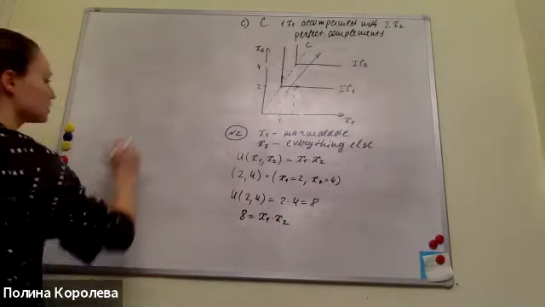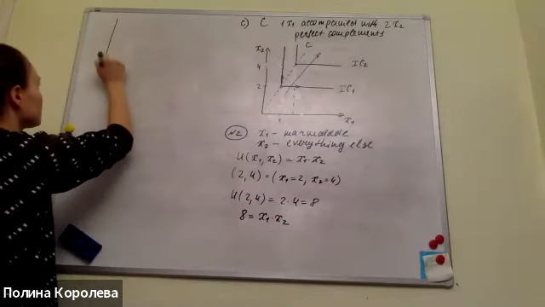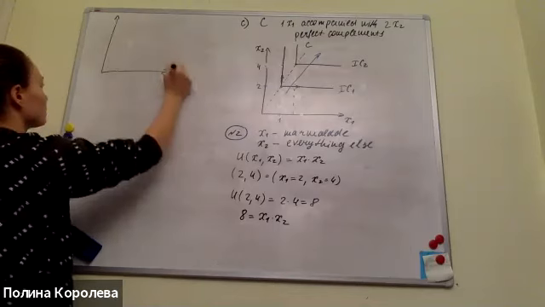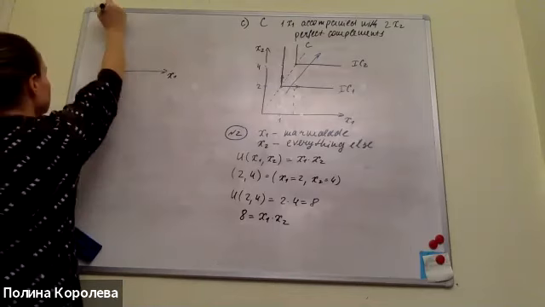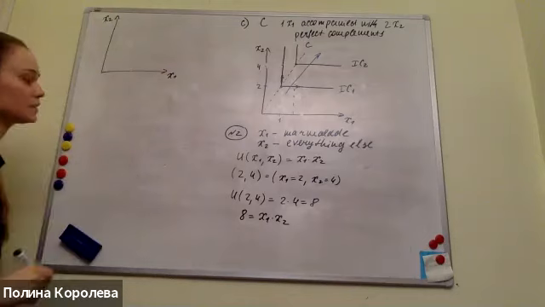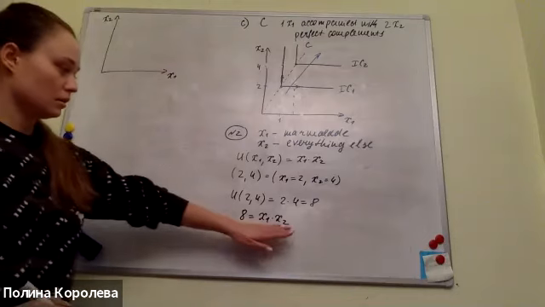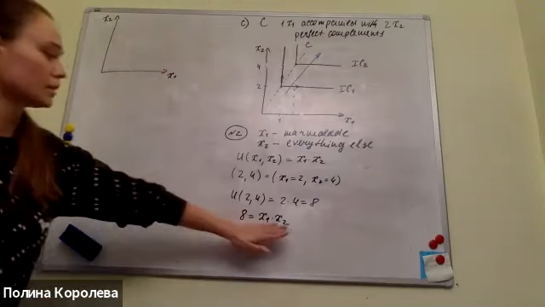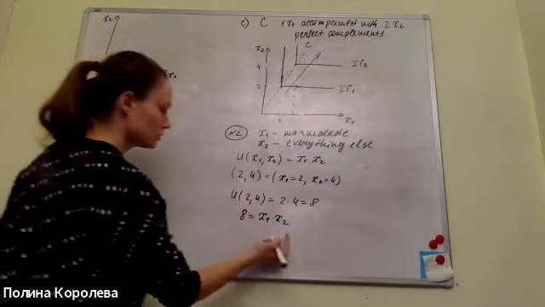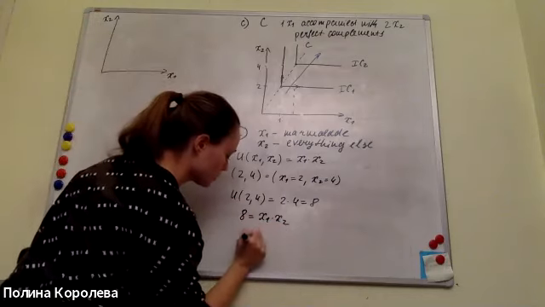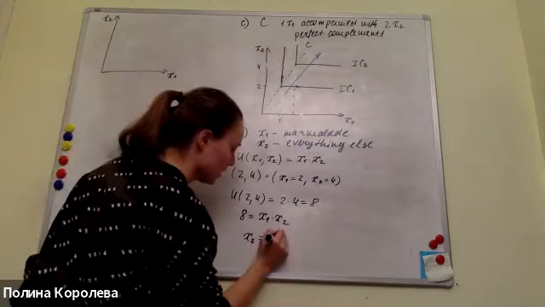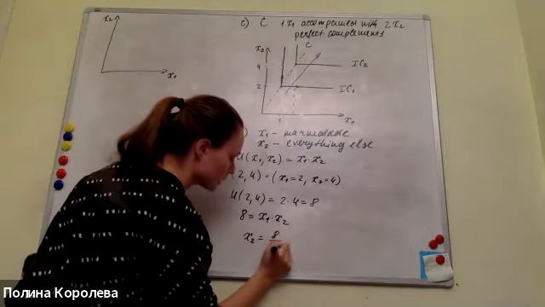We always draw the indifference curves with good x1 on the horizontal axis and x2 on the vertical axis. So let's find x2 from here. x2 will be equal to 8 divided by x1.